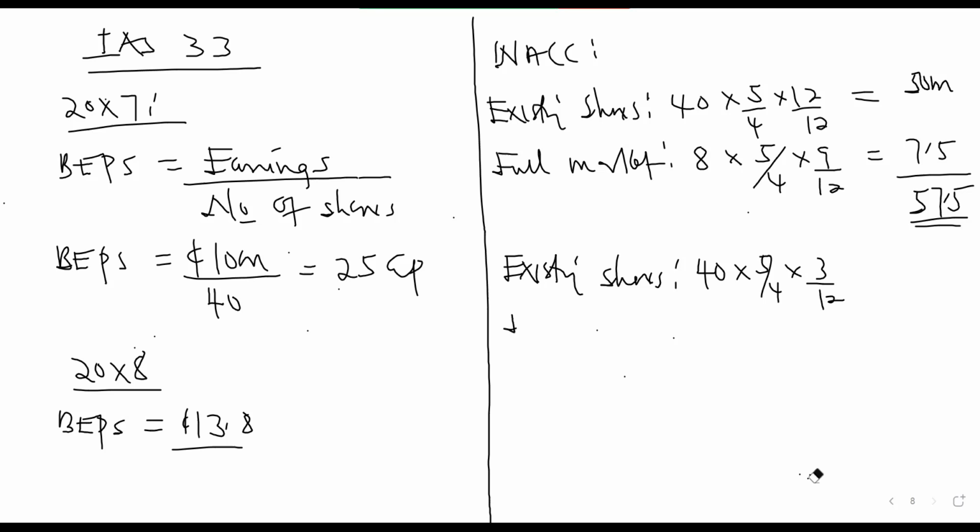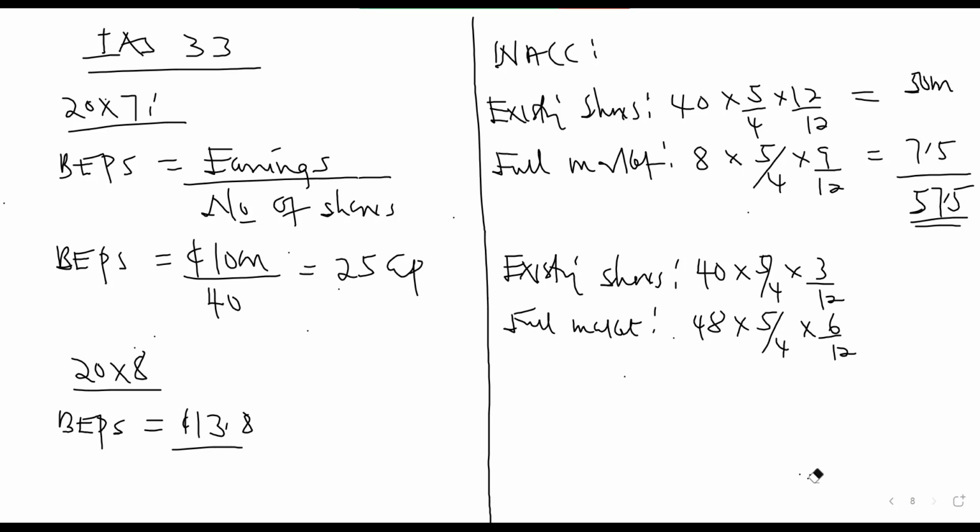Then the person will come to the full market value. The company will now have 48, because the new share is 8 plus the existing one, that will give you 48. And this will be there for only 6 months before the bonus issue. It is very complicated, so I don't really do that one.